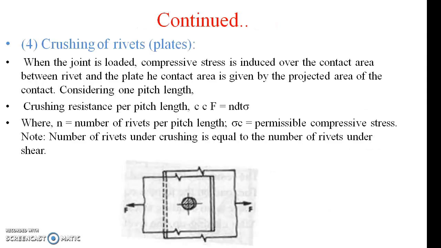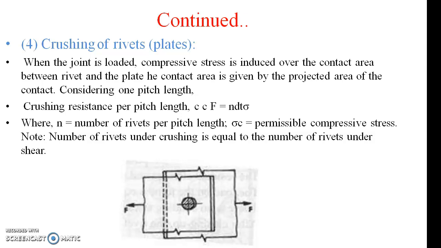So next is crushing of the rivet plates. Sometimes the rivets are crushed due to tensile stress. Due to this, the rivet hole becomes oval in shape and the joint becomes loose. This type of failure is known as crushing failure, and the resistance offered by a rivet to be crushed is known as the crushing resistance of the rivet. When the joint is loaded, compressive stress is induced over the contact area between the rivet and the plate, and the contact area is given by the projected area of the contact.